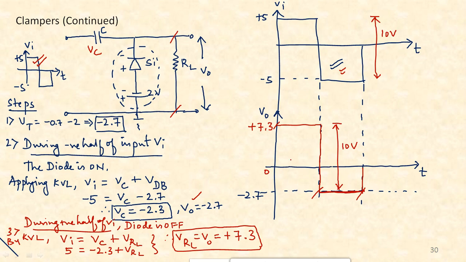Suppose by mistake you would have got a value other than 7.3, say for example 9.3, then instead of 10 it would have been 12. That indicates somewhere you have gone wrong in the analysis, and you will have to cross verify the steps again. So that's a nice way to cross verify.